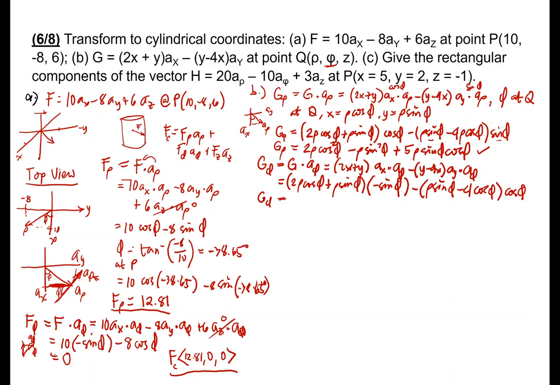So the final answer here is equivalent to 4 rho cosine squared phi minus rho sine squared phi, and then we have 2 plus 1, so this is minus 3 rho sine phi cosine phi.